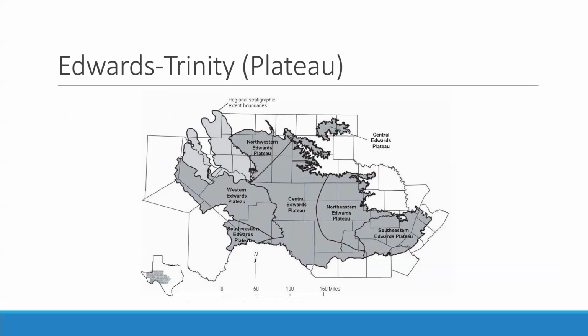The Edwards Trinity Plateau, this is another map from the Texas Water Development Board. And I like it because it breaks it out in these regions. Here we are. This is the Pecos River here, I believe. And so really we're just going to look at this part. I'm not going to bother with what's called the Western Edwards Plateau and the Southwestern Edwards Plateau.